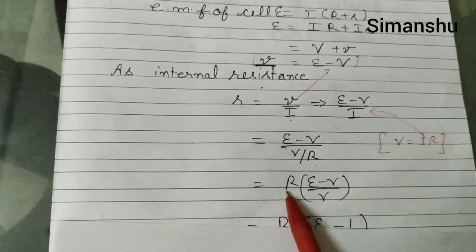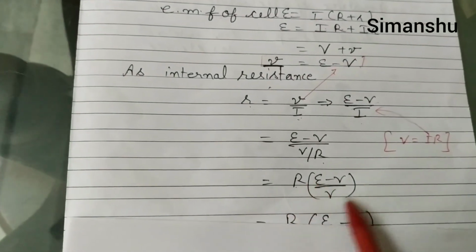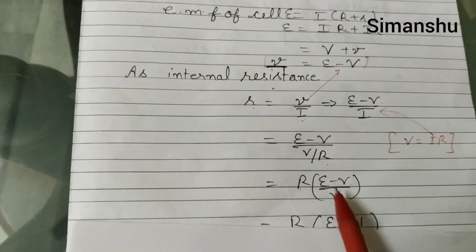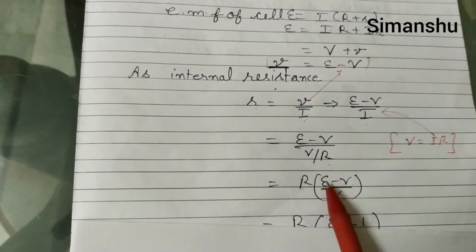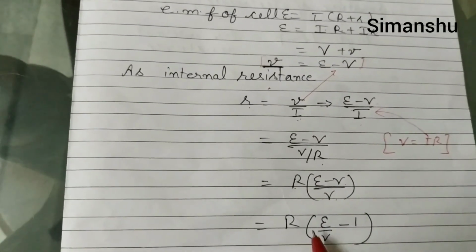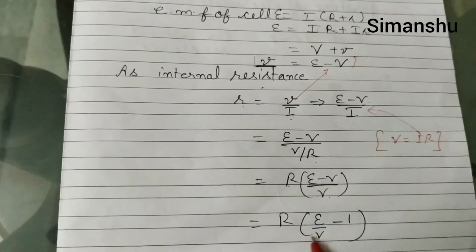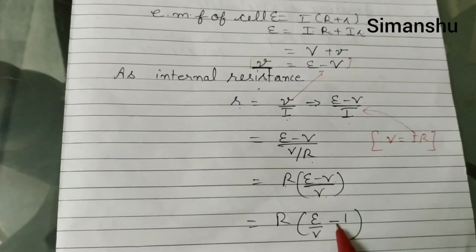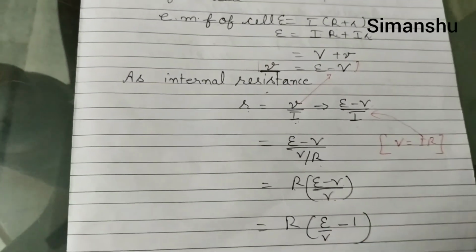We can write this equation as R times (epsilon minus V) upon V. Now we divide epsilon by V, expanding it properly: r equals R times (epsilon upon V minus V upon V, which is 1), that is, r equals R(epsilon/V minus 1).